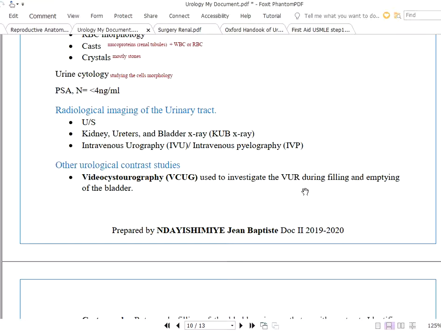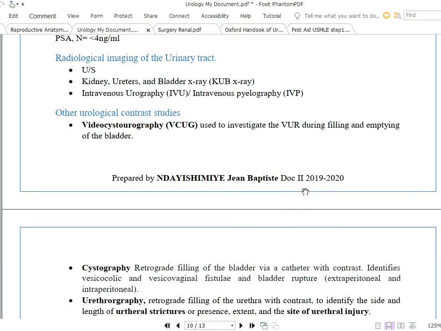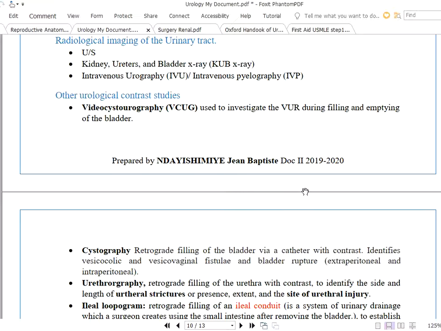As you push dye into the urinary bladder, you look at how far the dye can move up if someone has vesicoureteral reflux.